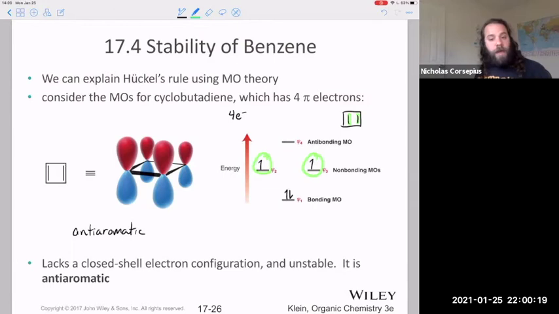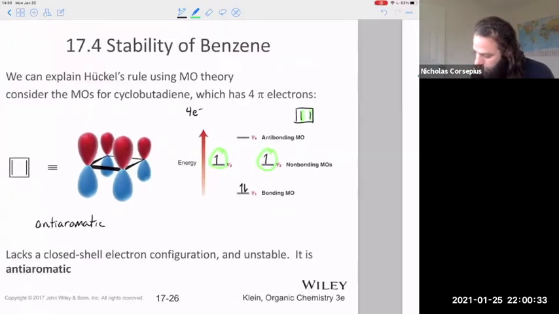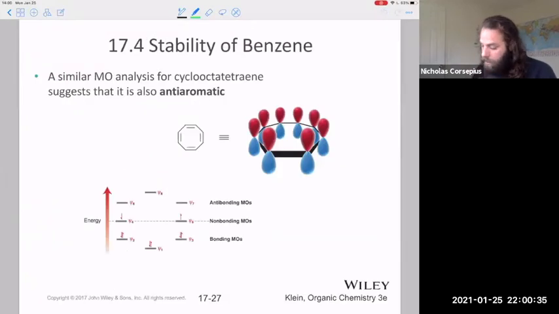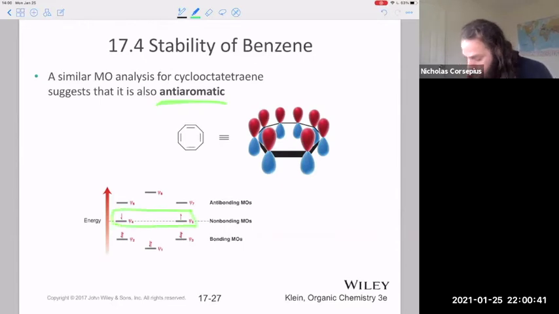Long story short, having only those half-filled orbitals is not stable. It will make this compound more reactive because it wants to fill those orbitals, so it'll either accept or donate electrons easily. And you can do the same thing with our other anti-aromatic compound. Again, we'll see that all these anti-aromatic compounds share this feature of having these half-filled orbitals.